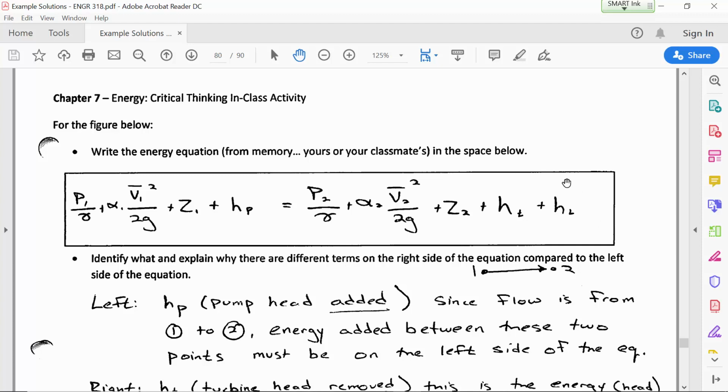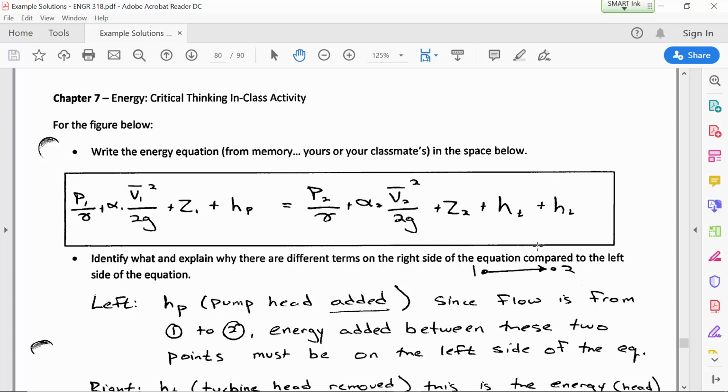So that's why those are on the right-hand side of the equation: both the turbine term and the head loss term will reduce the amount of energy that's available at 2 to go into the pressure, elevation, or velocity head term. And of course we can break H sub L down into 2 further subcomponents.